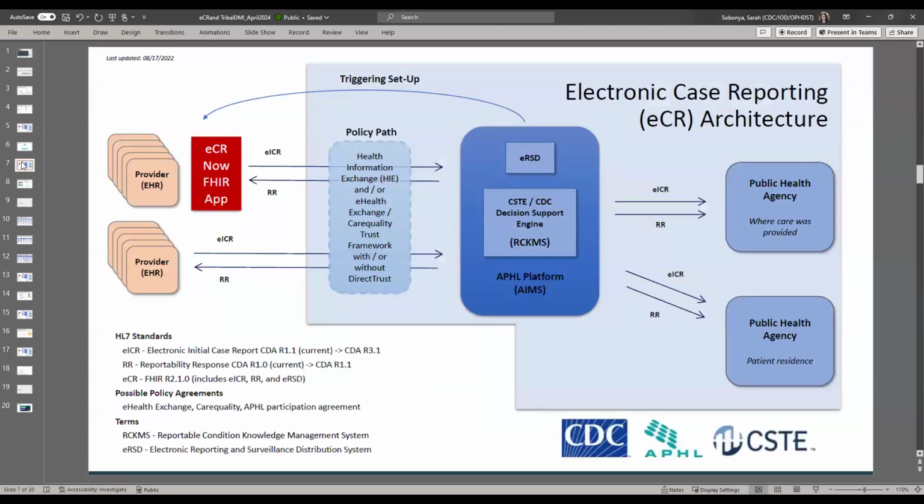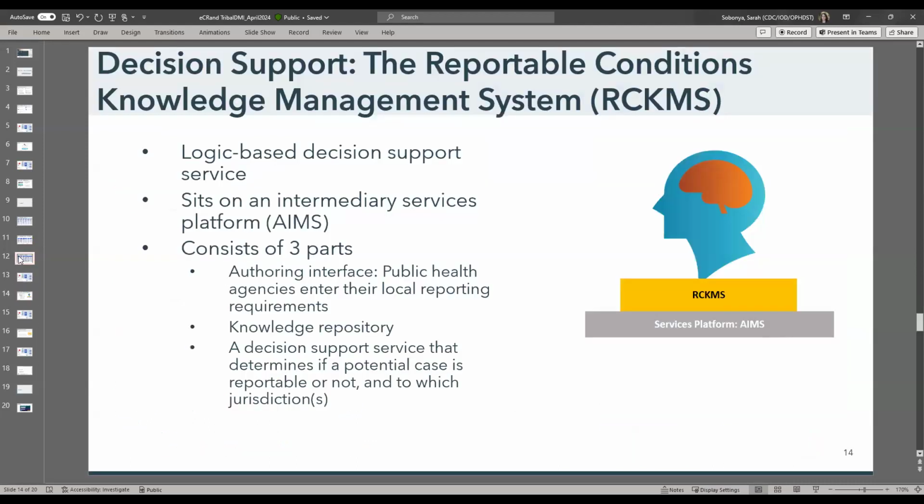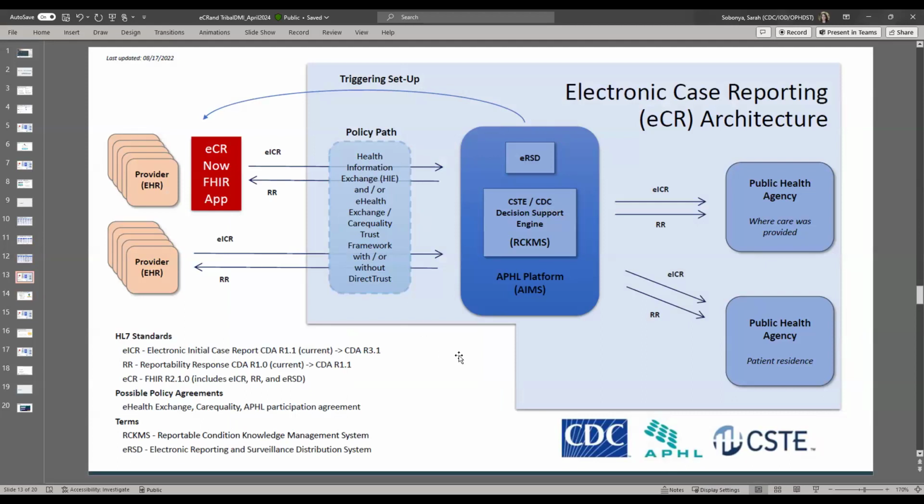Let's see, going back to our infrastructure. Okay, so we talked about the data in the initial electronic case report. It's coming from the provider, from those trigger codes, and then it may or may not go through an HIE, and then it's going to land at this intermediary AIMS platform.